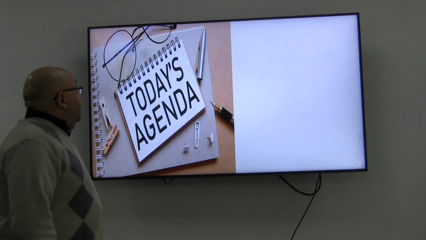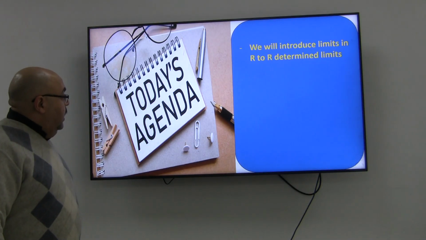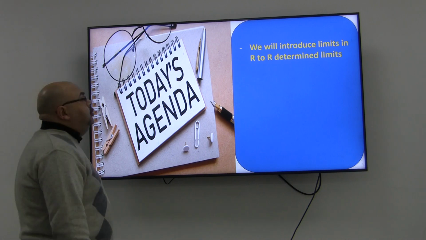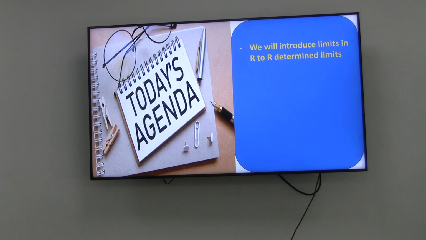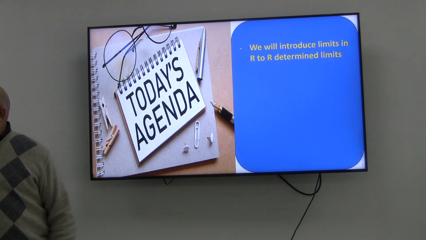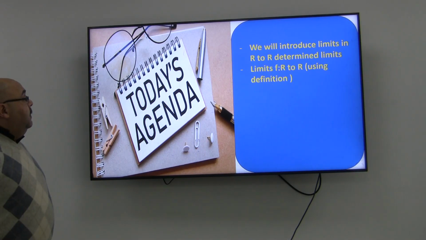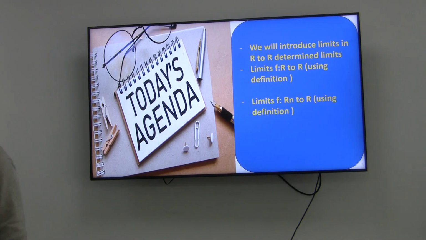Our today's agenda is going to be, as you will see, we will introduce first limits from R to R, which is the main type, yani functions in one variable. Then we will go through limits using a definition.